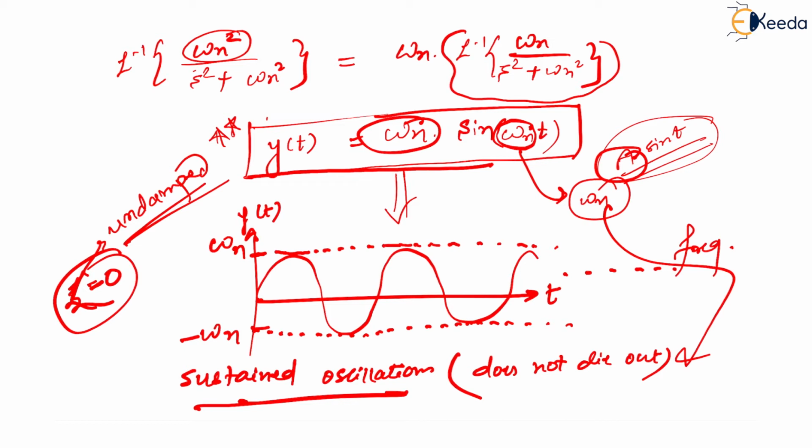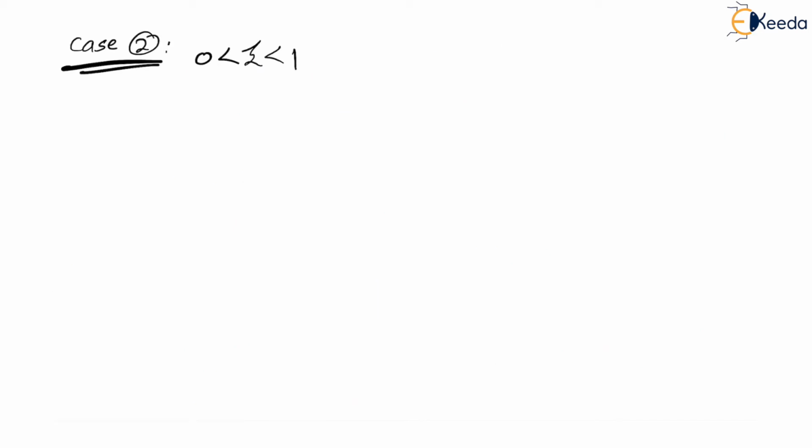Now let us see what happens for zeta lying between 0 and 1. Whenever zeta is between 0 and 1, it implies that the system is definitely damped, because zeta has some nonzero value.